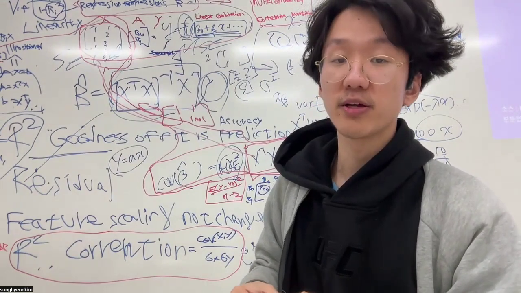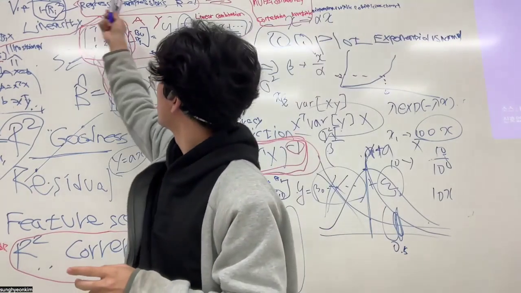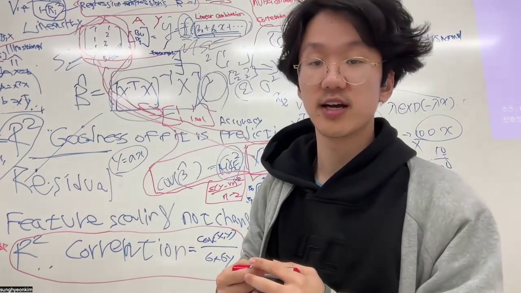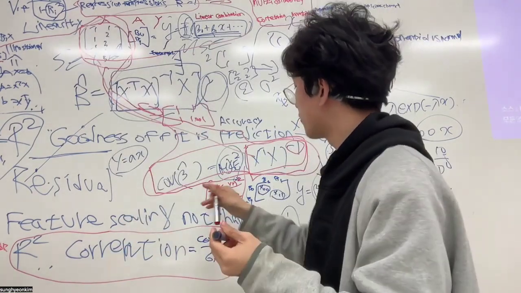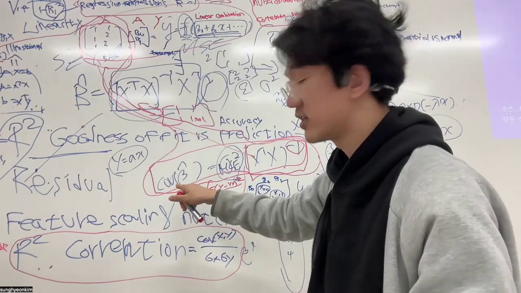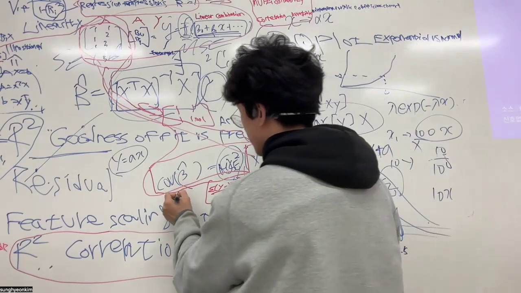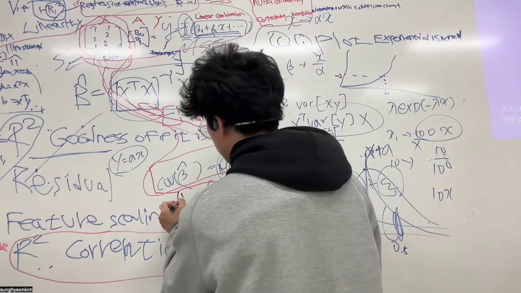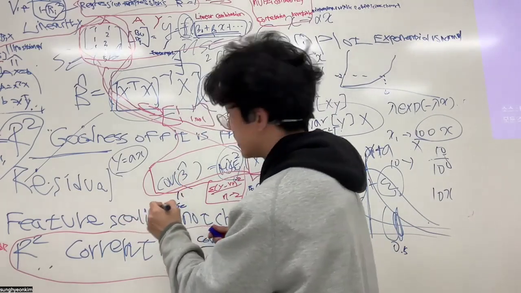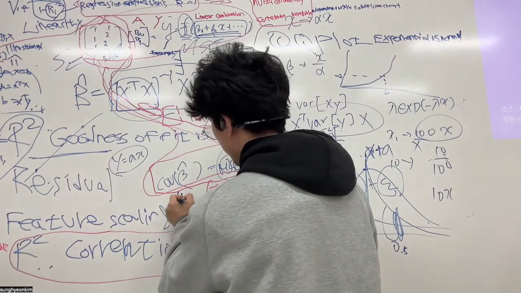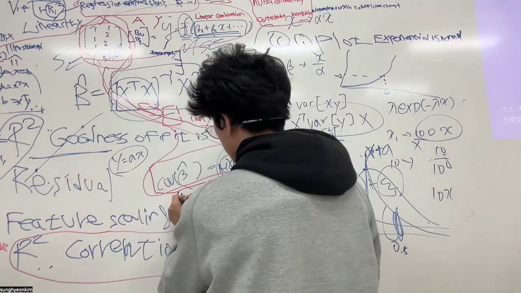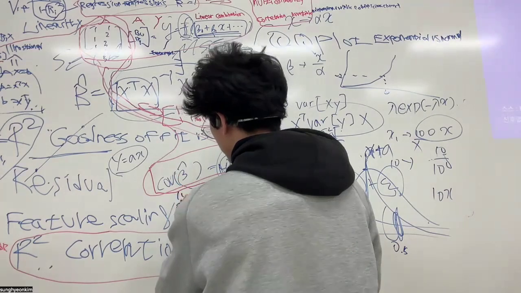So in the least squares method, we can detect multicollinearity with VIF. I will write it down again. This is the covariance of beta j hat, which we can write as the variance of beta hat j.